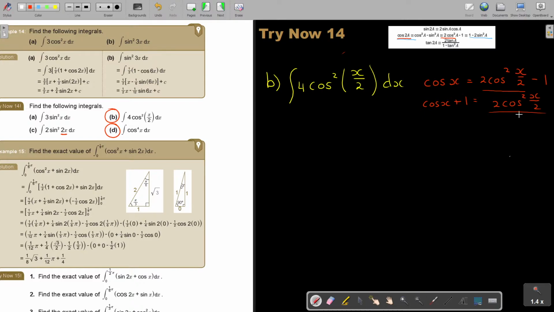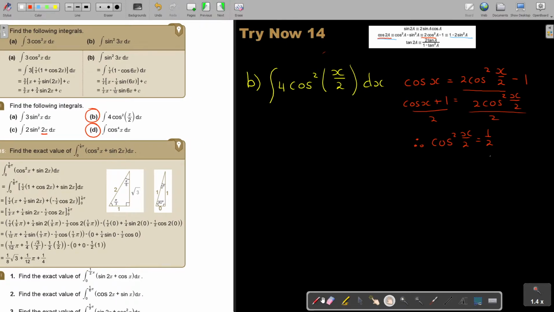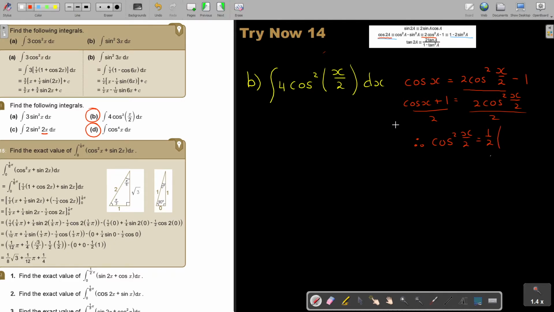And then I divide by 2, divide by 2. So therefore, just swapping the sides now, cos squared x over 2 is equal to a half, cos x plus 1. Leave the half, you can multiply it in there.